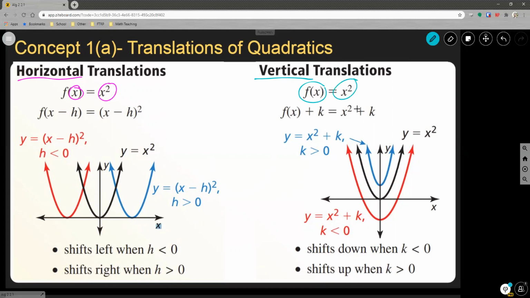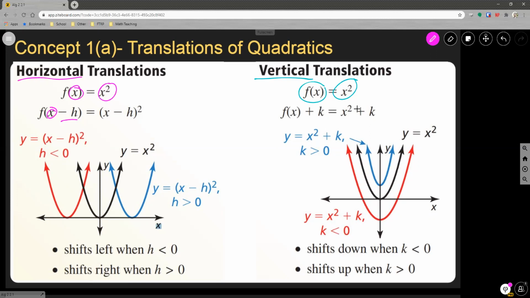If we're doing a horizontal translation, that means we are modifying the input value x by some value h. We write this as x minus h. The reason we write it as x minus h is because we want to account for that kind of backwards functionality of anything that we do with horizontal transformations.